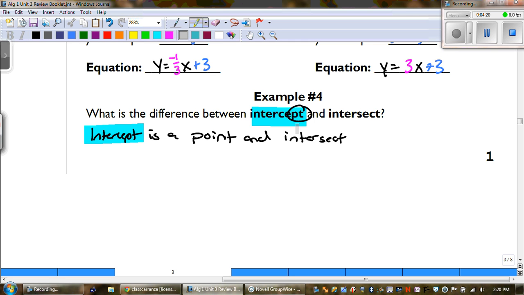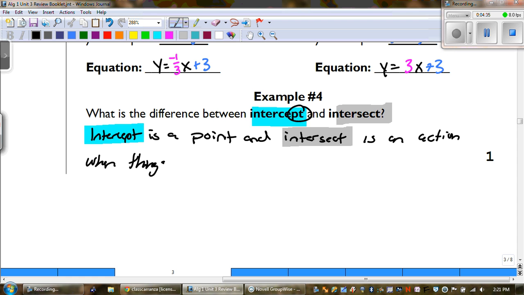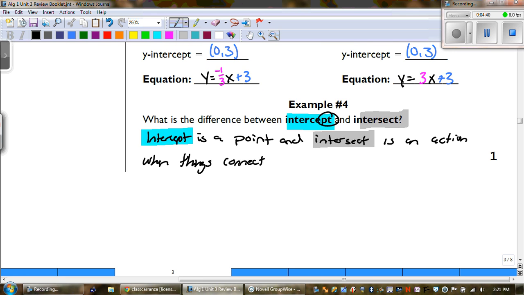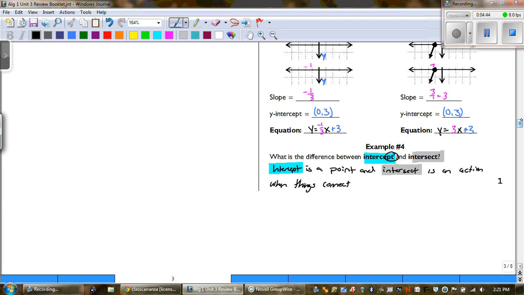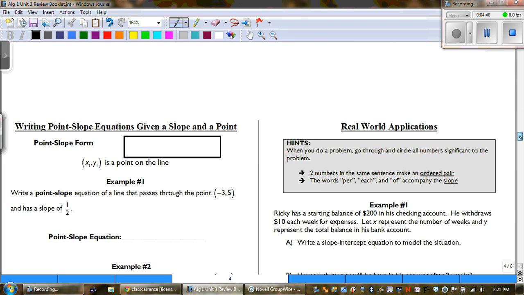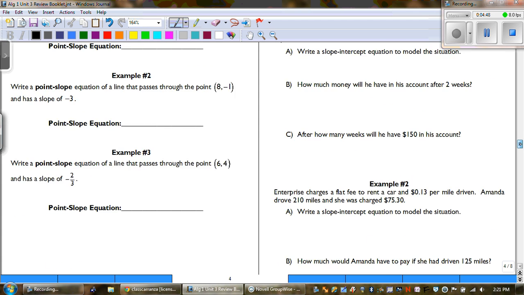That's the other word that we were talking about. Intersect is an action when things connect. One of the questions we always ask is, where do two lines intersect? And then you would show me on the graph, okay?